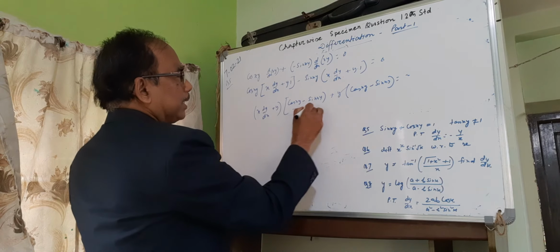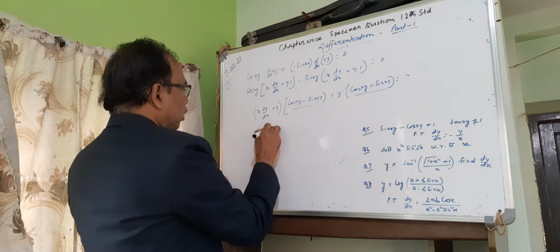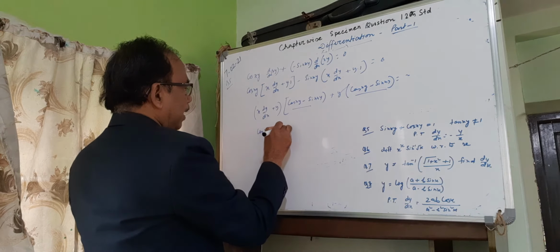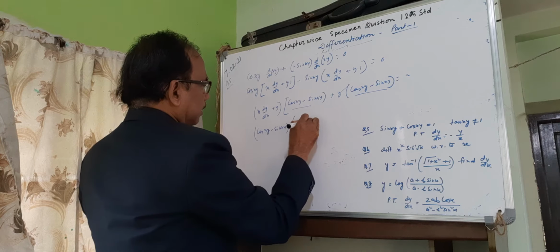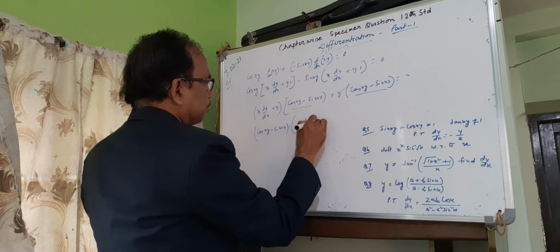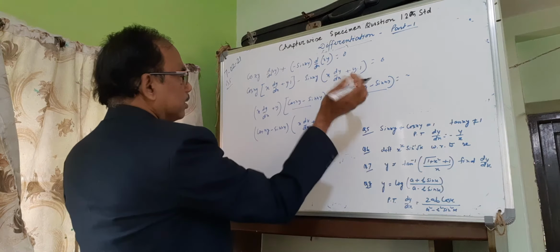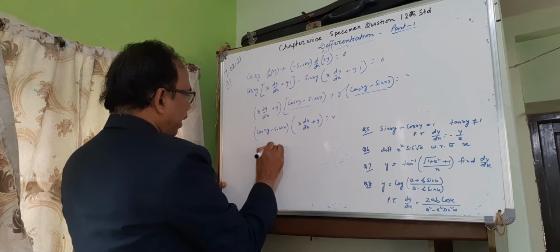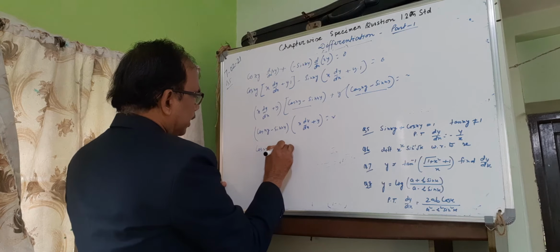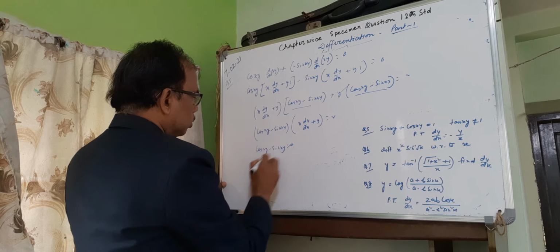So cos xy minus sin xy is common, times x dy/dx plus y, equals 0. This is common and this plus this equals 0. That is, cos xy minus sin xy equals 0.